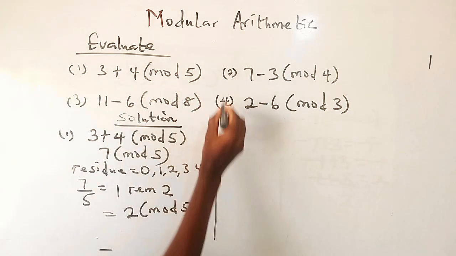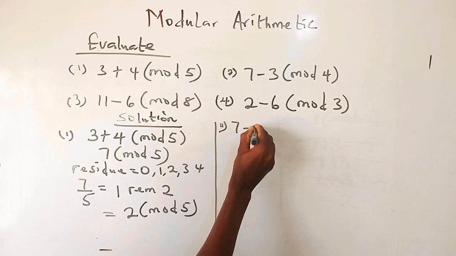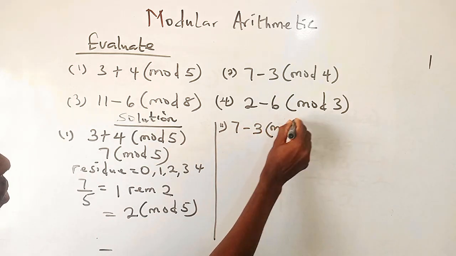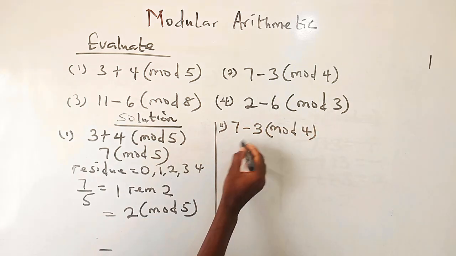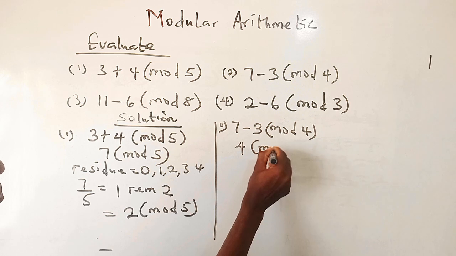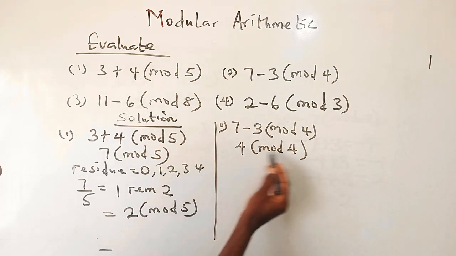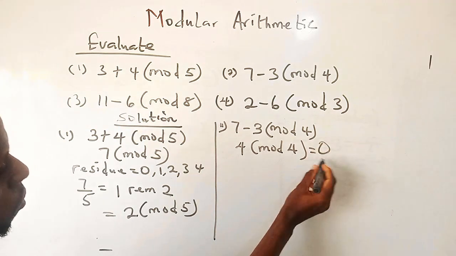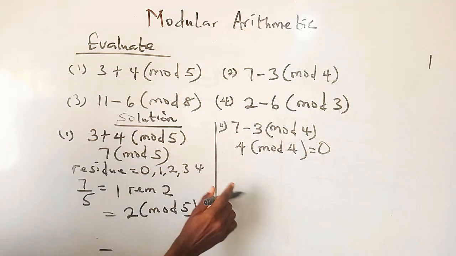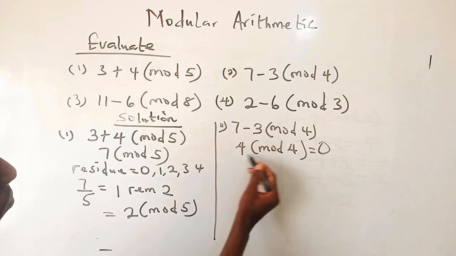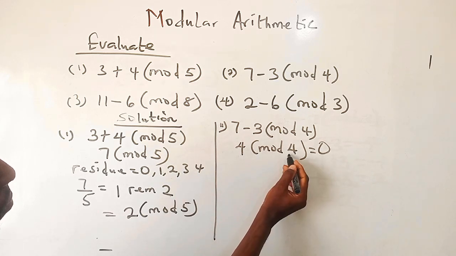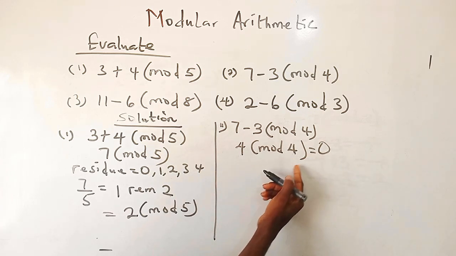For the second one, we have 7 minus 3 mod 4. 7 minus 3 is 4, so 4 mod 4. When we have the same integer with the same modular number, our answer is 0. That is the rule.